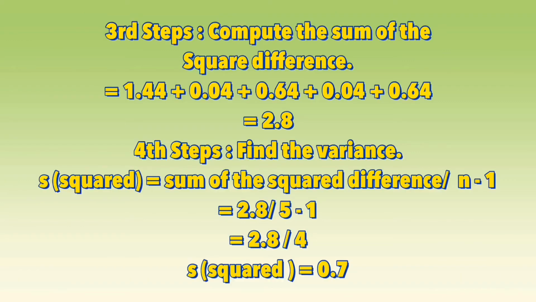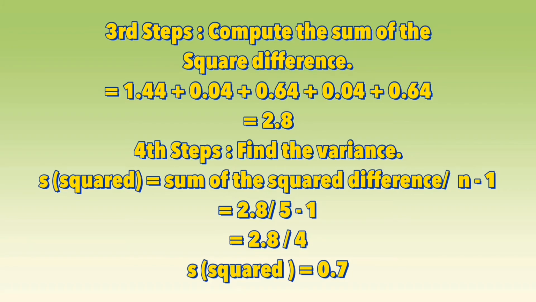The third step, we have to compute the sum of the squared differences. So the squared differences are 1.44 plus 0.04 plus 0.64 plus 0.04 plus 0.64. This came from the second step.